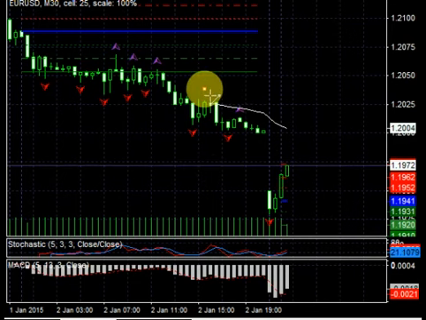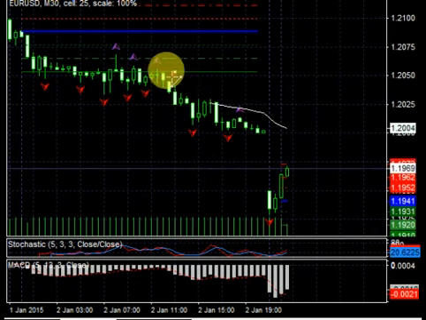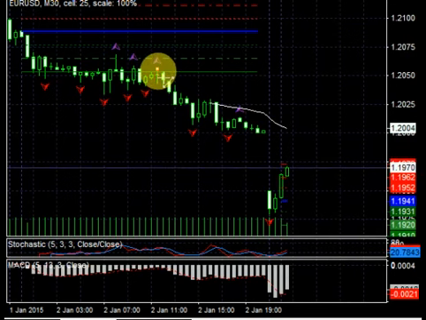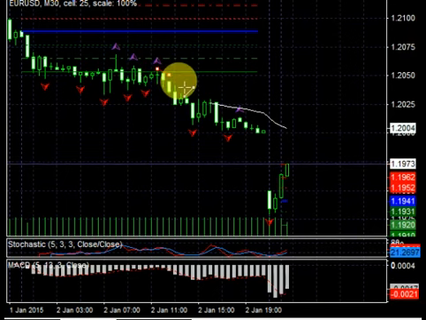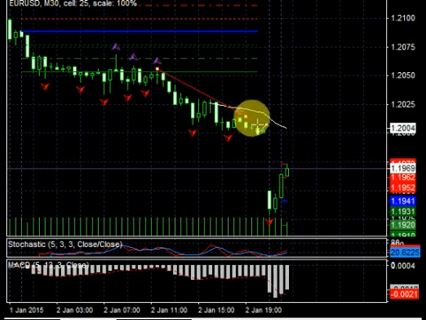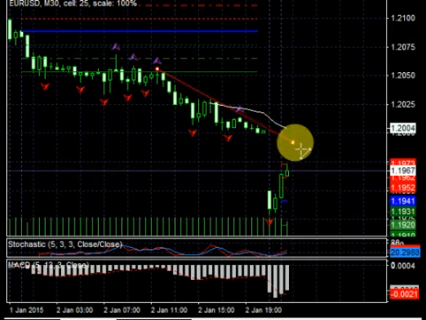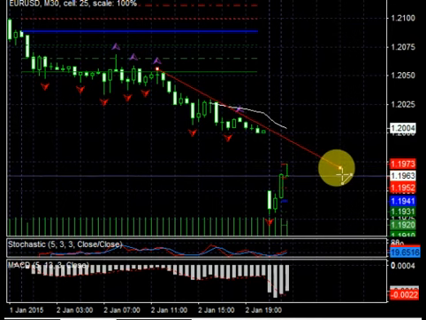So I could plot my trend line from here. Maybe I could get my fractal here at the top. That's one of the indicators, the fractal. I will plot it down to cut across this fractal, and it really picks the two points at a time.